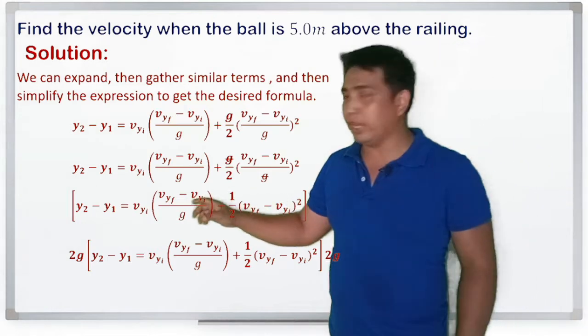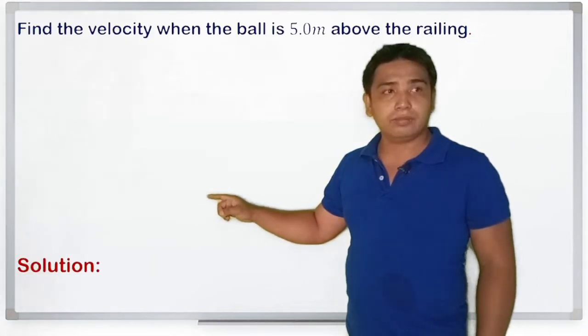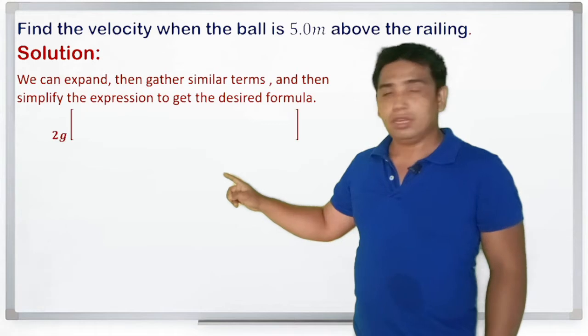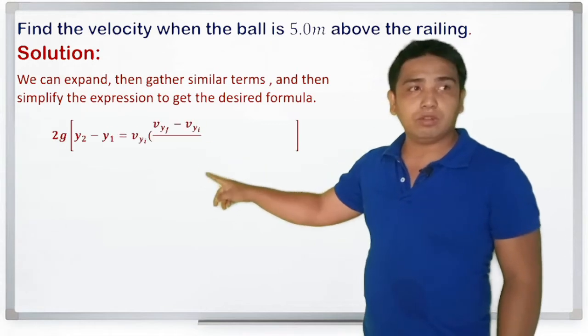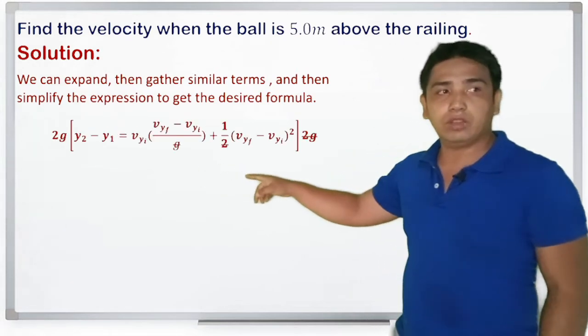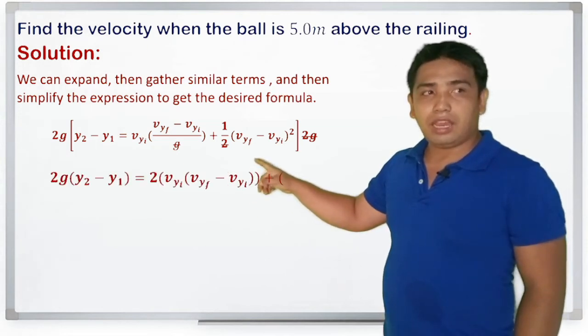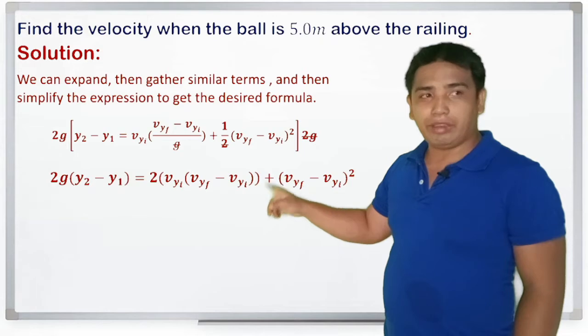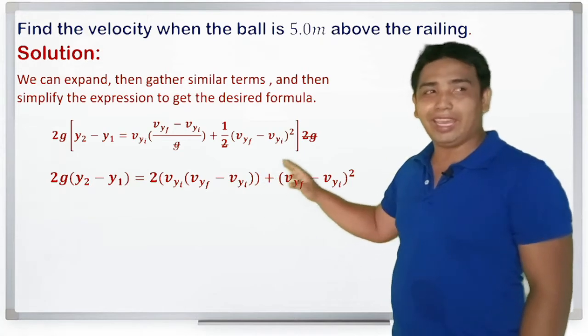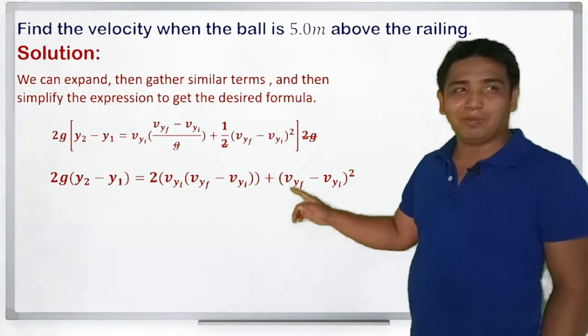So we will have 2g times the quantity of y sub 2 minus y sub 1 is equivalent to 2 vyi times the quantity vyf minus vyi, and then plus this one.